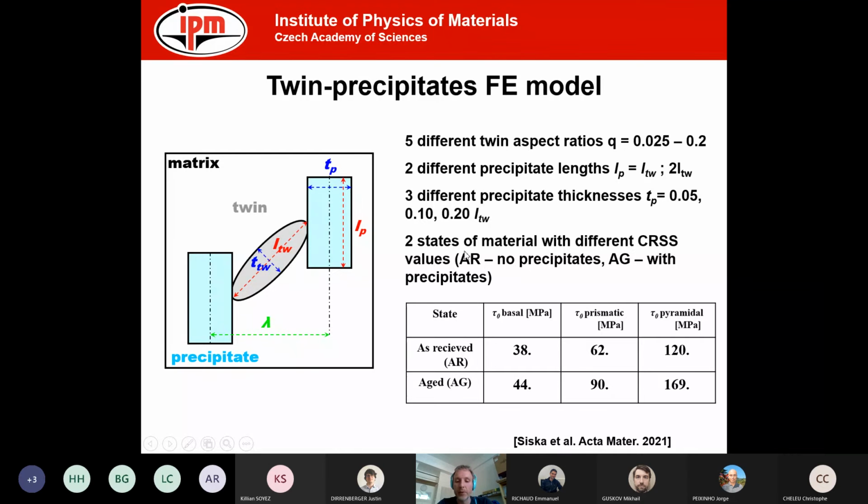And we used 2 different material parameters. The first one is for as-received material that supposedly has no precipitates in it, and the one that is aged with precipitates, and the slip critical resolved shear stresses are different. They were experimentally measured.